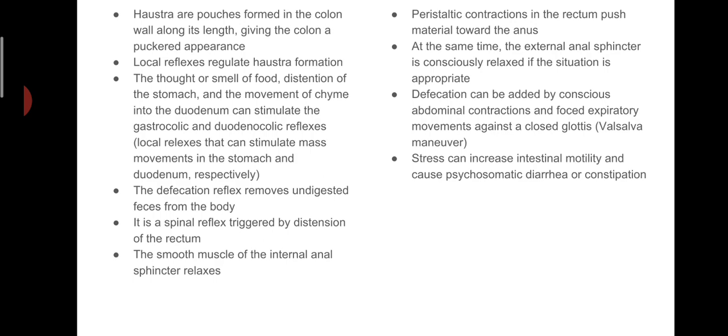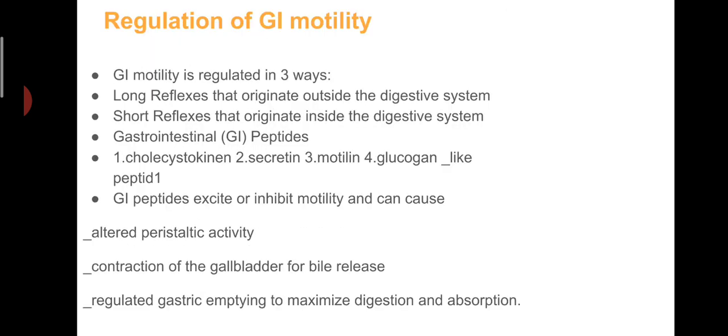At the same time, the external anal sphincter is consciously relaxed if the situation is appropriate. Defecation can be aided by conscious abdominal contraction and forced expiratory movement against a closed glottis. Stress can increase intestinal motility and cause spasmodic diarrhea or constipation.